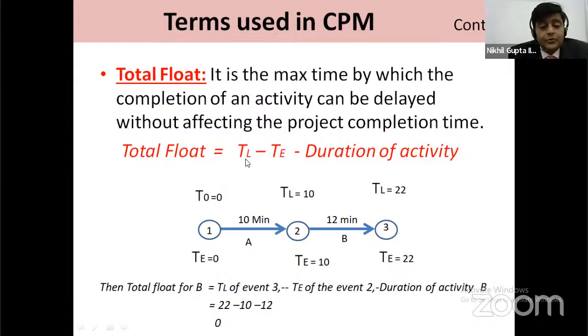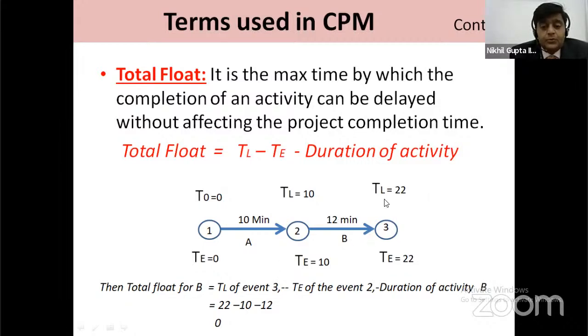So total float is equal to TL minus TE minus the duration of the activity. How? Then total float for activity B: total float is equal to TL of event 3, means for this event, 22, minus TE of event 2, the previous event, means 22 minus 10, minus the duration of activity B. If we calculate the total float of activity B, the duration of the activity is taken as 12 minutes.